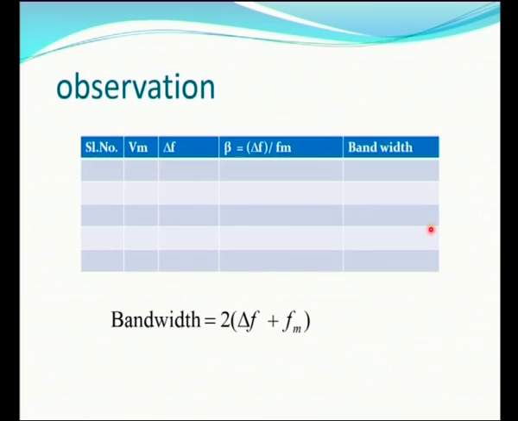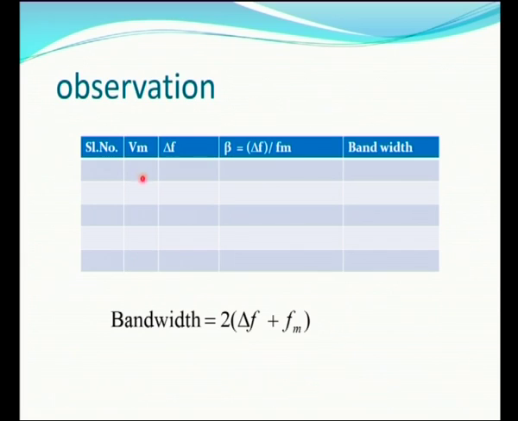So, the observations we are going to note down are with respect to variation in your Vm. Increase your Vm, and see that this message signal plus whatever we have calculated as Vc added together should not cross Vcc. So, within those limits you can change the values of Vm.